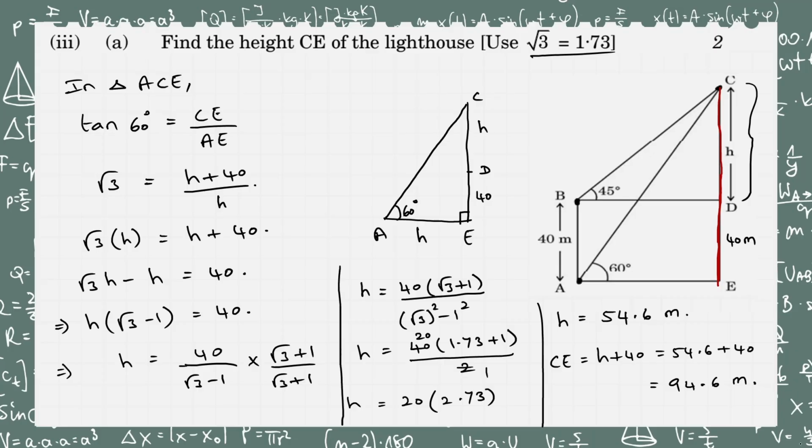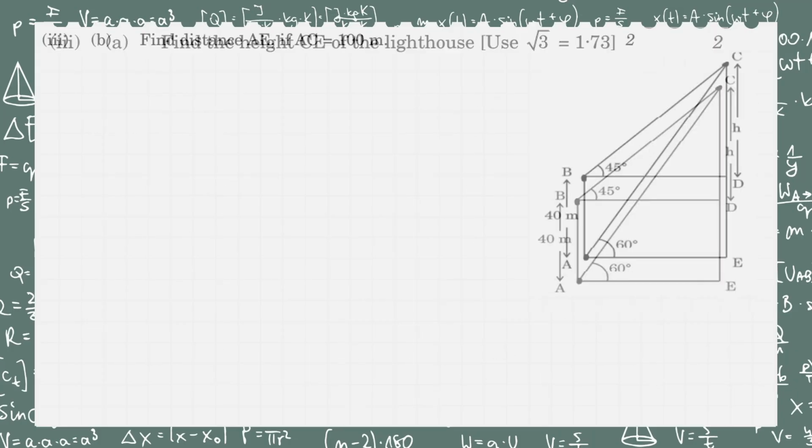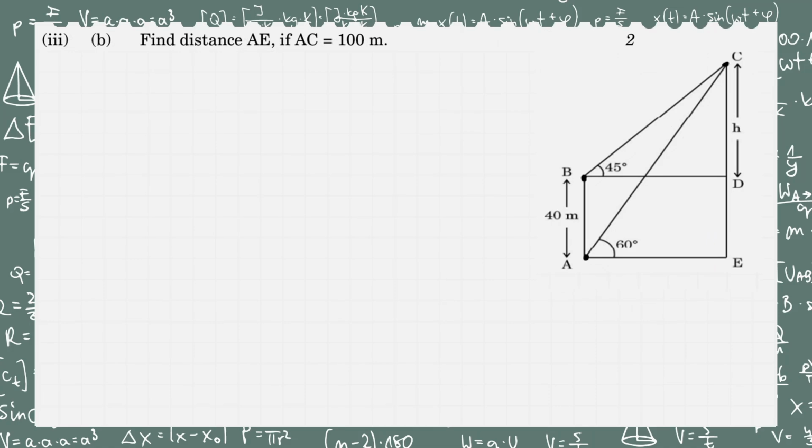Okay, and the other choice of this question is find the distance AE if AC equals 100 meters. So let us draw that particular triangle here. This is a particular case, right?